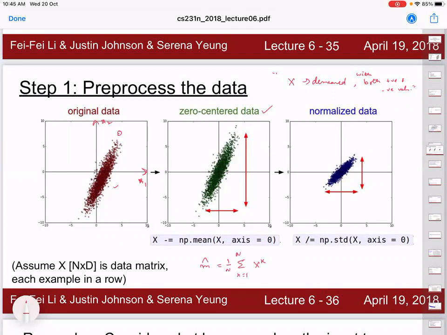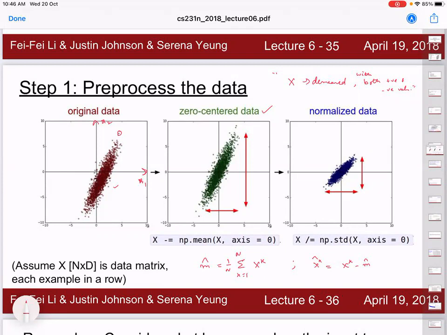Then xk hat is equal to xk minus M hat. This is the demeaning operation. It puts the data cloud's center at 0, 0. Is this clear? This is a trivial and very desirable operation for pre-processing or training of neural networks.